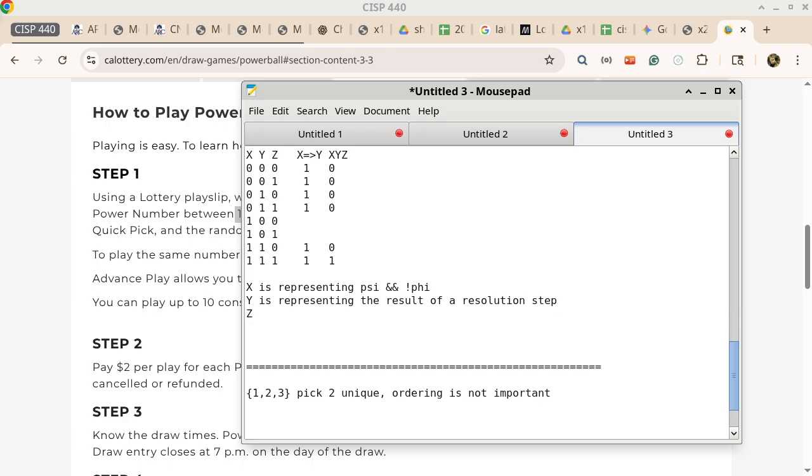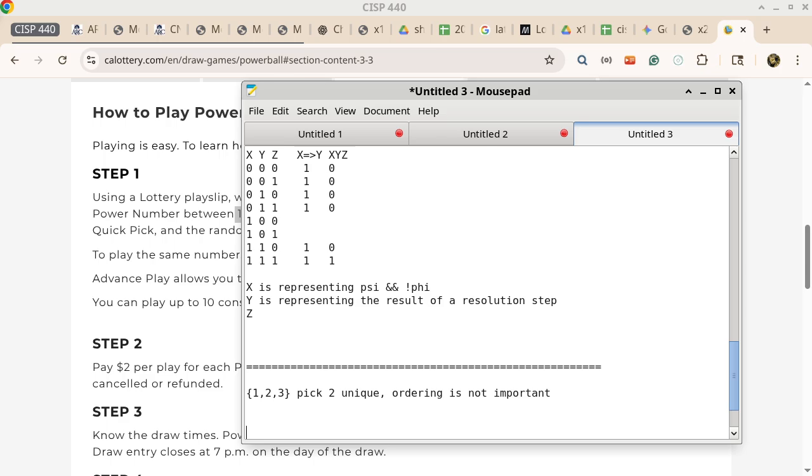Basically, I'm putting three marbles, labeled 1, 2, and 3 in a bag, and I'm asking you, pick two marbles out of the bag. How many ways can we pick two marbles out of the bag that has three to begin with?